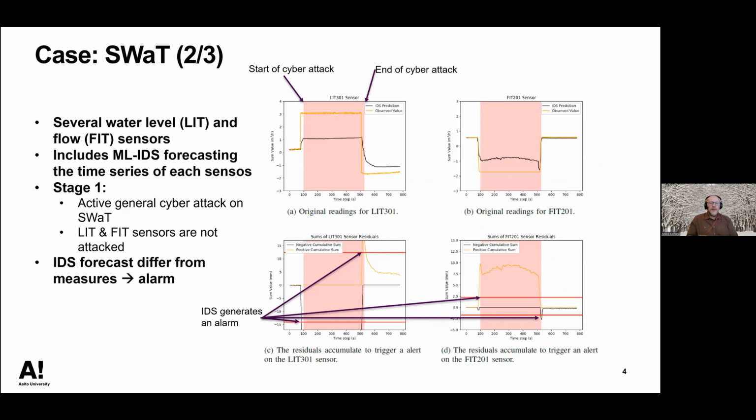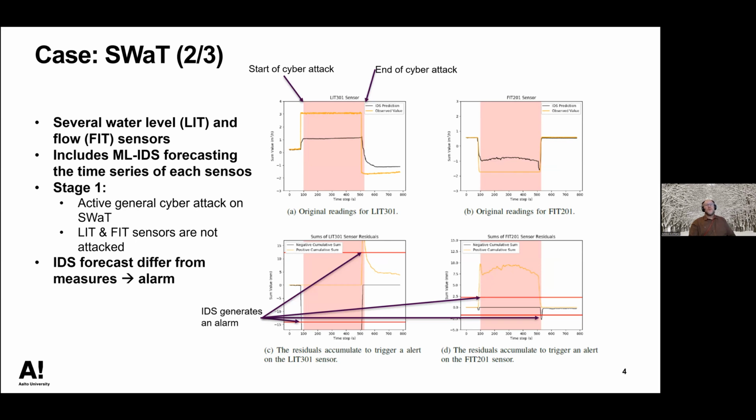Now, let's see, can you see my cursor? So here is the start of the cyber attack, and here's the water level indicator or sensor, and the end of the cyber attack. This orange line here is what the sensor actually shows.